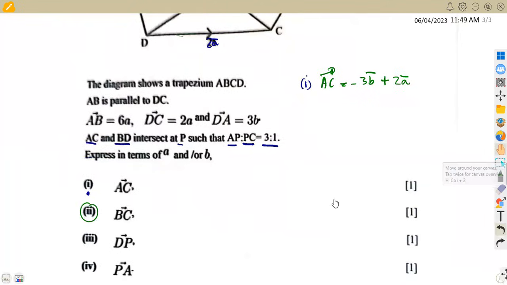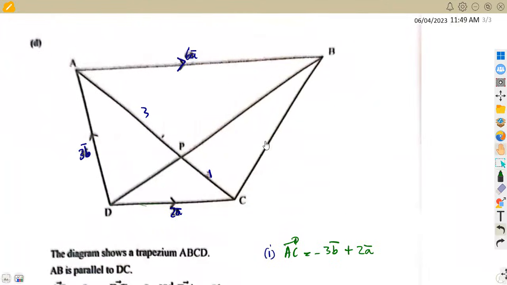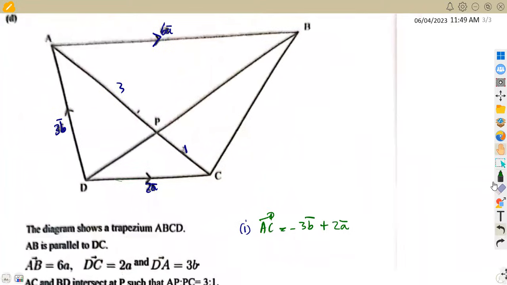BC, from B to C. So take note, from B to C, we can use this route here. Let me just write this one so that I do not confuse you. I'm going to take from B to A and A to C. So BC is going to be from B to A and from A to C. Since we calculated AC, the whole of AC is minus 3B plus 2A, which is the same as 2A minus 3B.